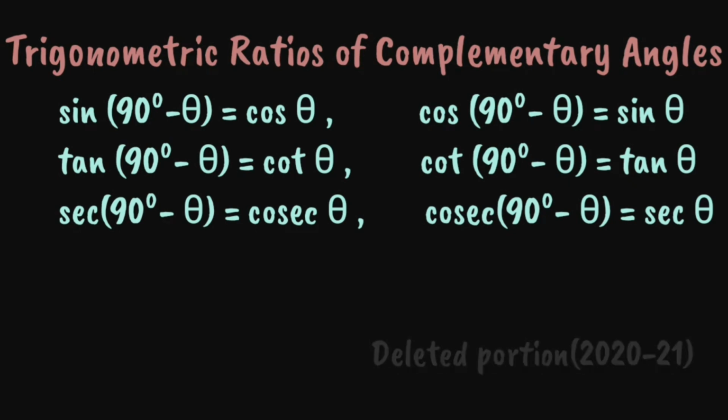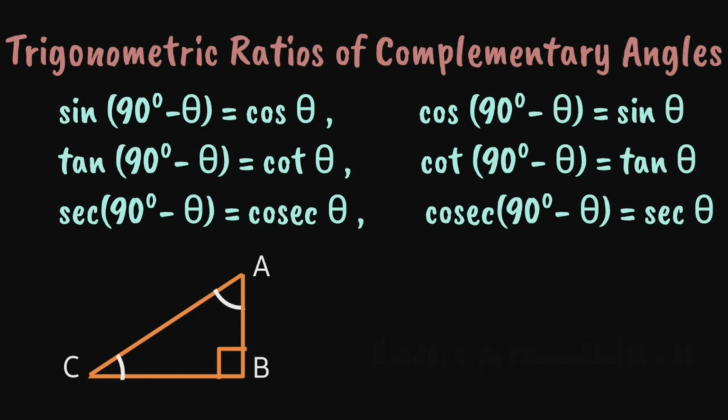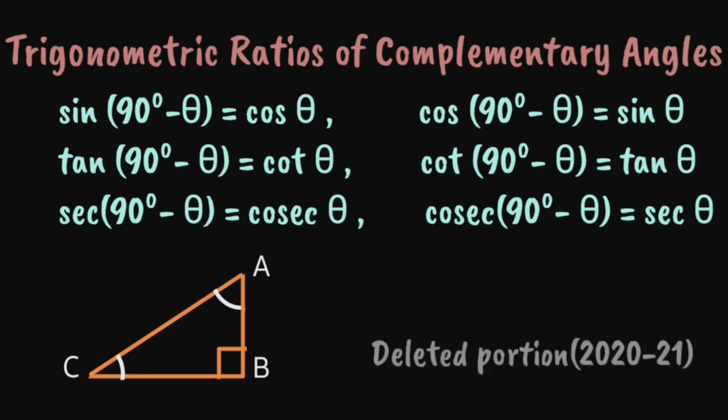What are complementary angles? If the sum of two angles is 90 degrees, they are called complementary angles. In trigonometry, we are considering the right triangle, isn't it? In right triangles, we can see the other two angles are acute angles.